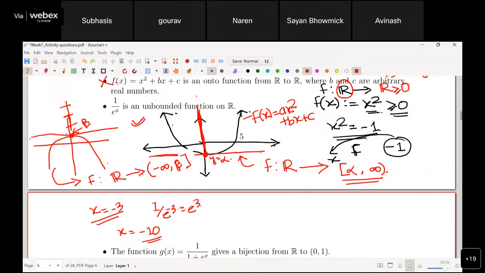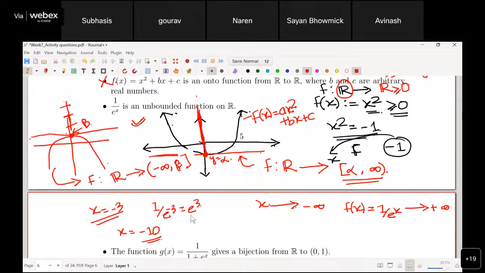In other words, if x goes towards minus infinity, then e to the power minus x, and so f of x, will go towards plus infinity. So this function is certainly not bounded.